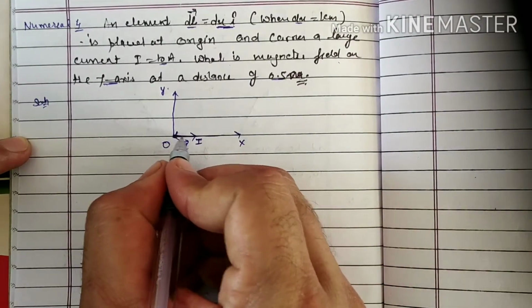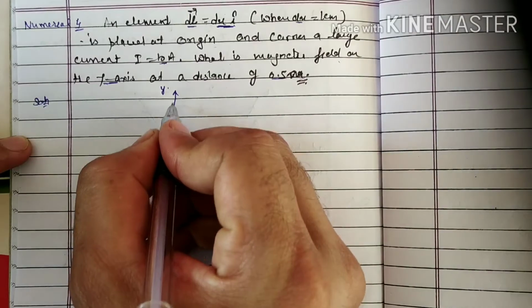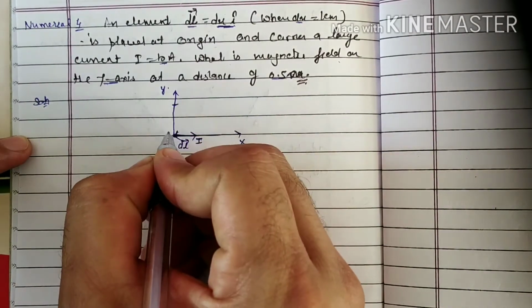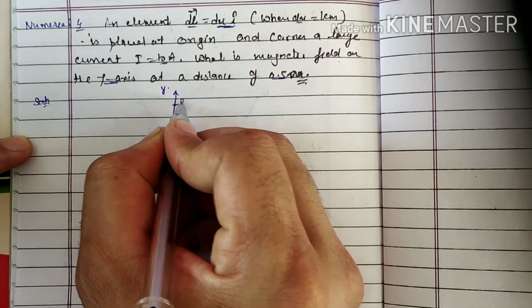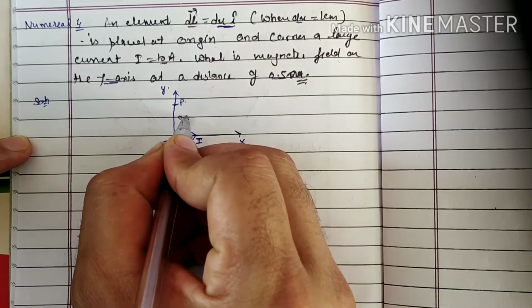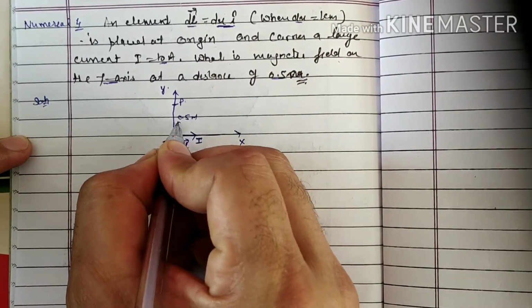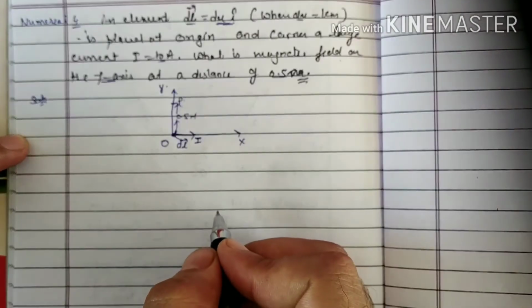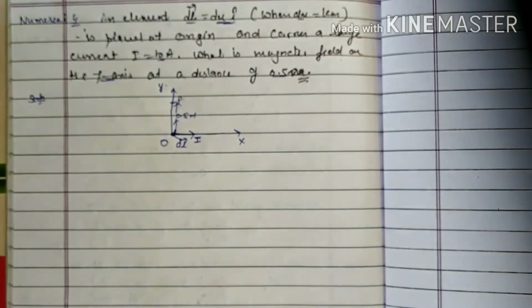So this is our current element, and at a distance of 0.5 meter, suppose at this point P along the y-axis, we have to find the direction of the magnetic field. So I think this is clear.